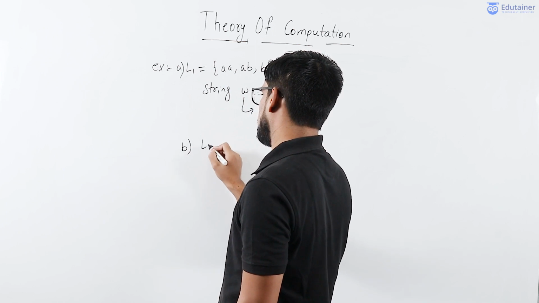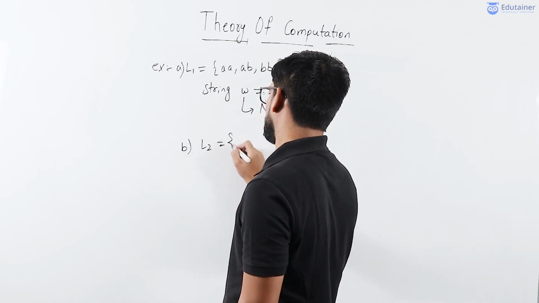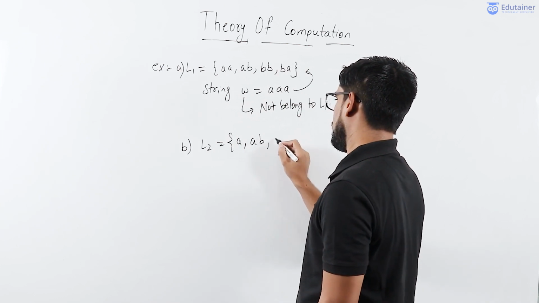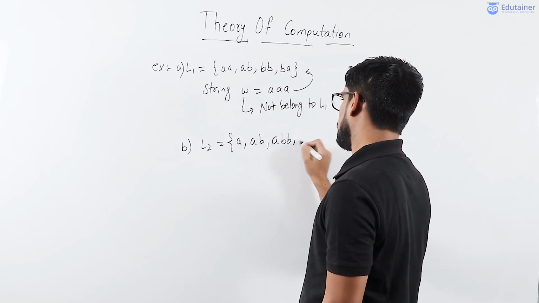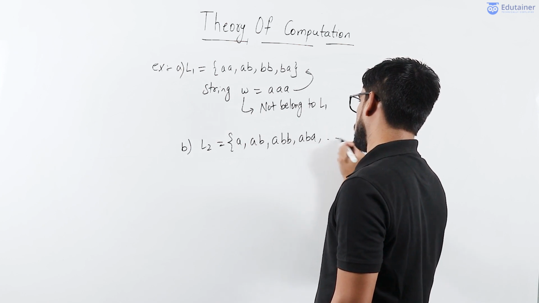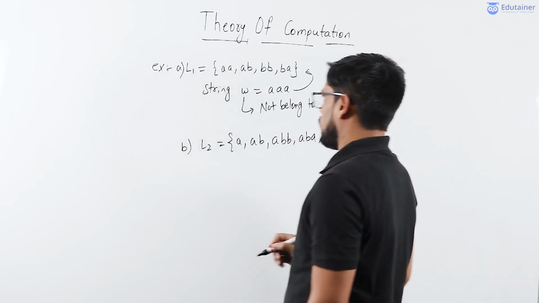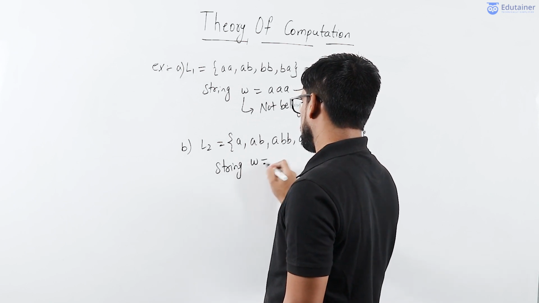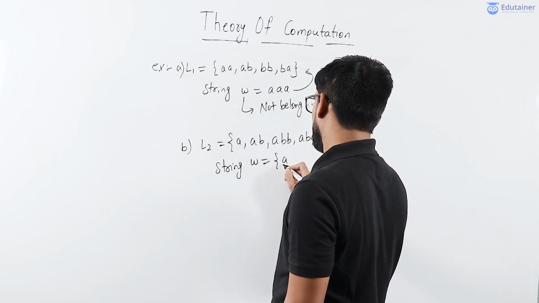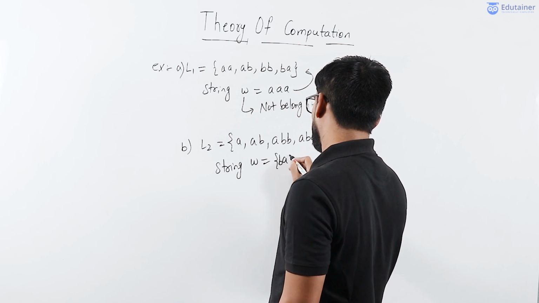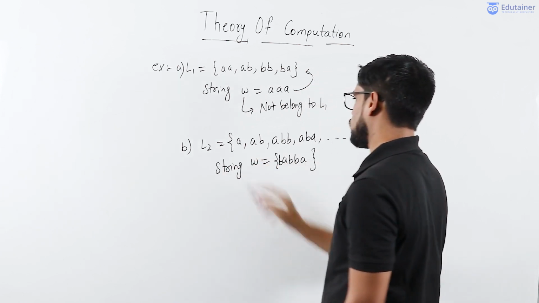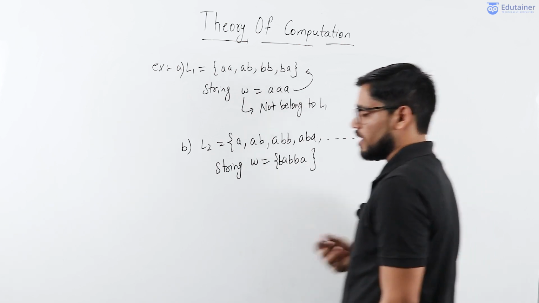But what happens if the language is infinite? Let's say language L2 is {A, AB, ABB, ABA, and so on}. And then if I ask whether the string W, which is, let's say, BABBA, belongs to this language L2 or not, can you answer?